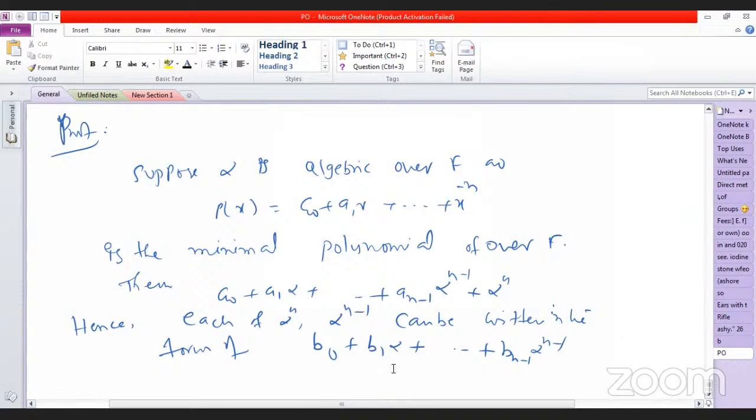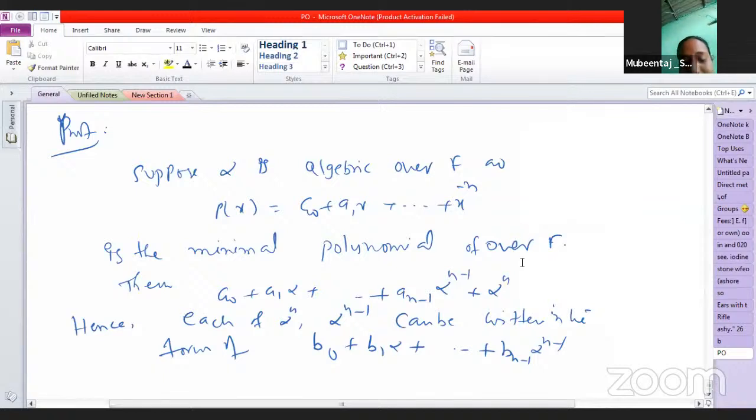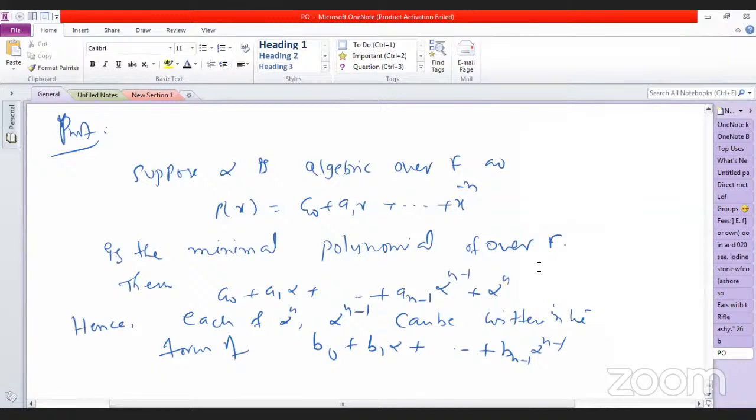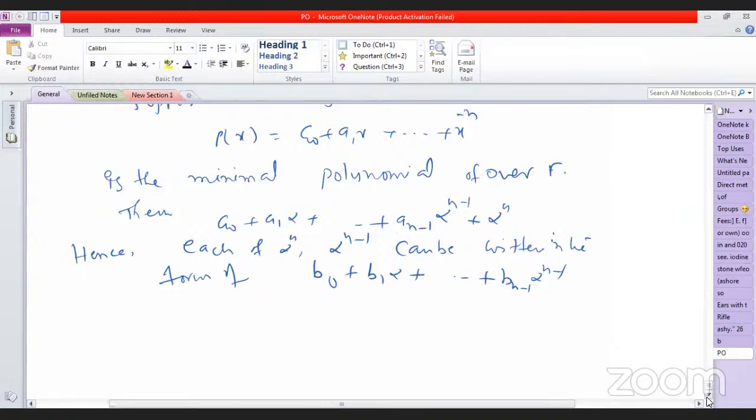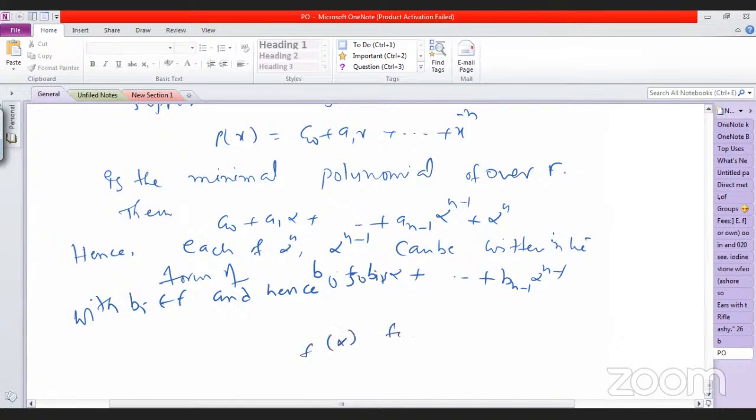Yes, sir. So we can write b0 + b1 alpha + ... + b(n-1) alpha^(n-1), with bi belonging to F. And hence f(alpha) for any f(x) belonging to F[x] can be written this way.